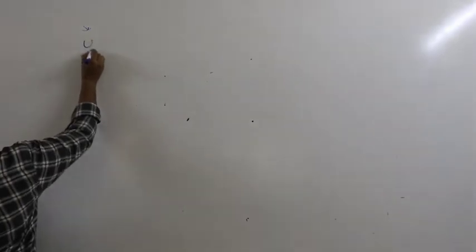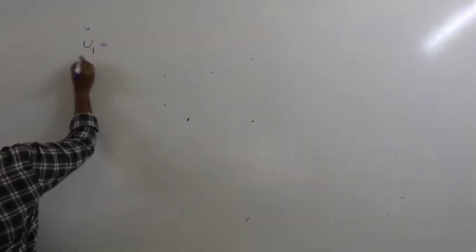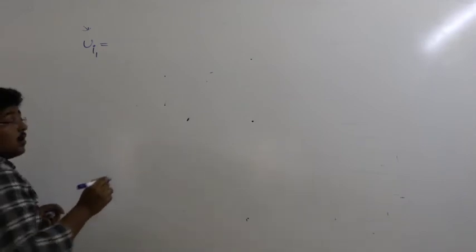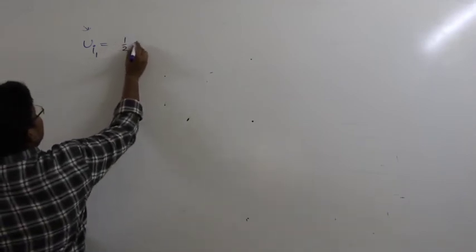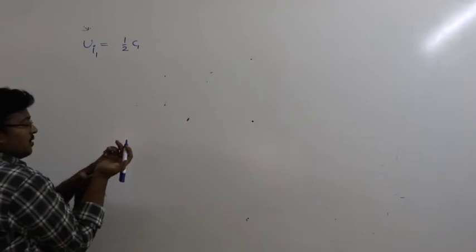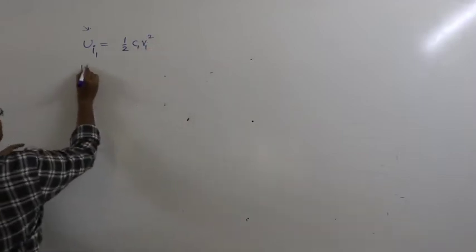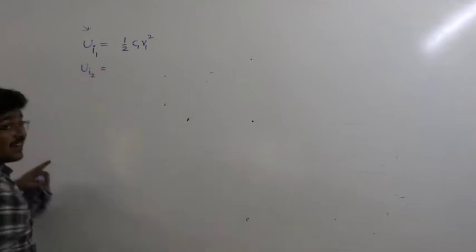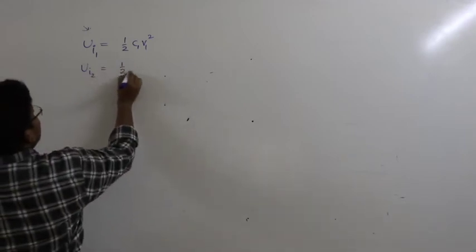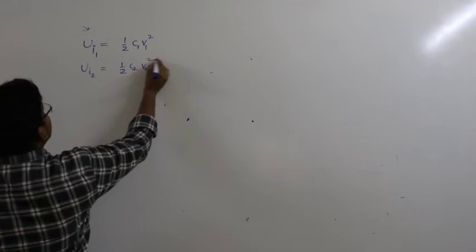What is the initial energy of the first capacitor? You know the formula: half C1 V1 square. The initial energy of the second capacitor is half C2 V2 square.